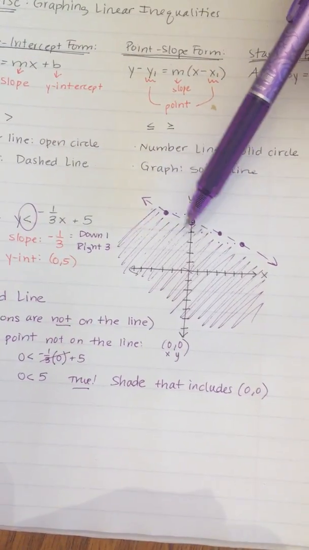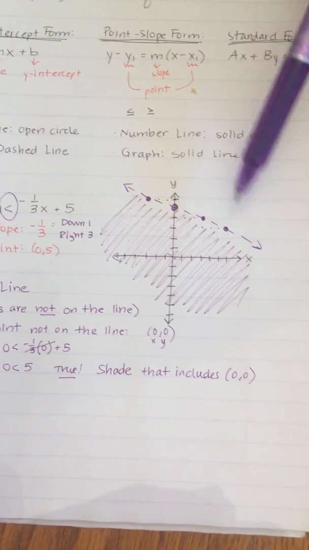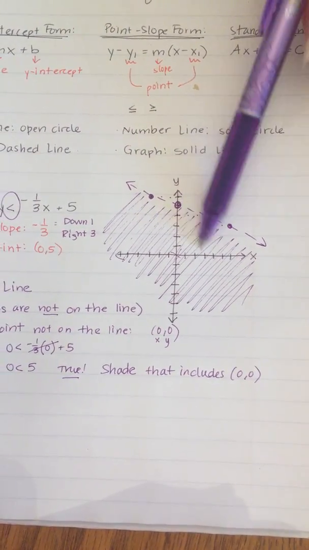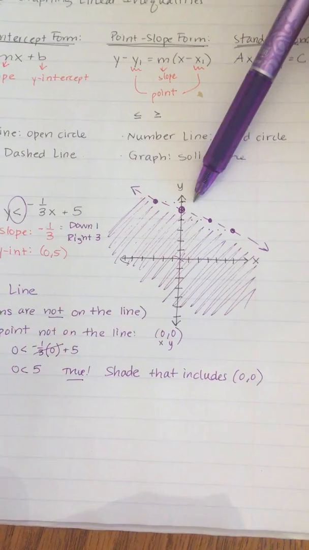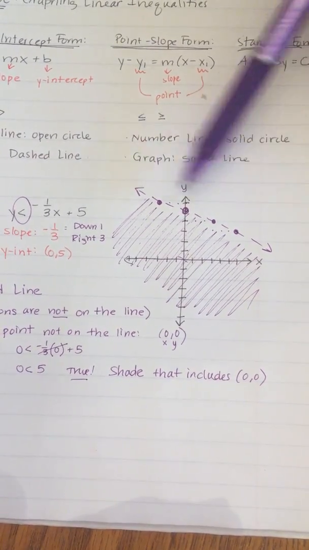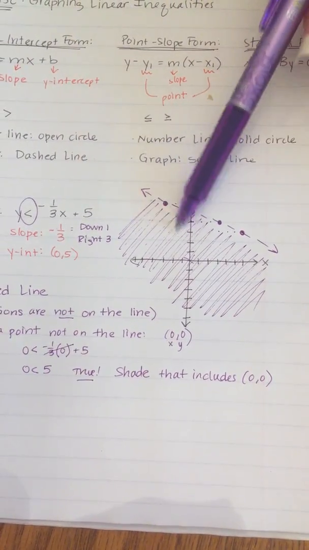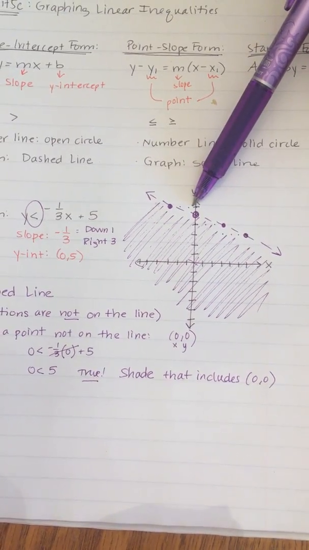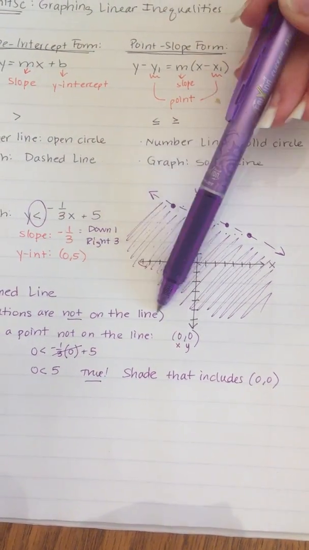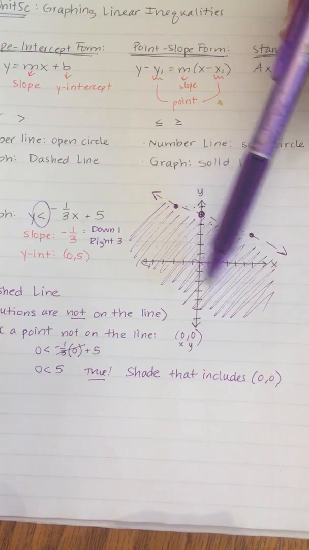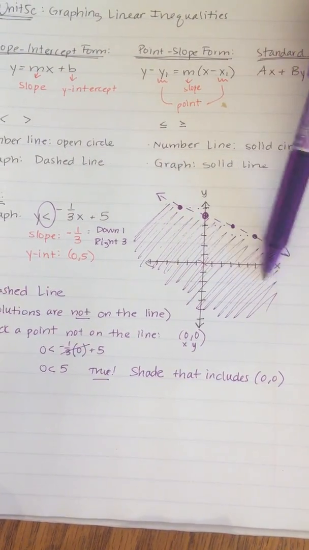Okay, so my solutions to this line are in part of quadrant 1, because up here you can see those are not going to be solutions. It's also in part of quadrant 2, but up here these are not part of my solutions. All of the solutions in quadrant 3 will work, and everything in quadrant 4 will also work.